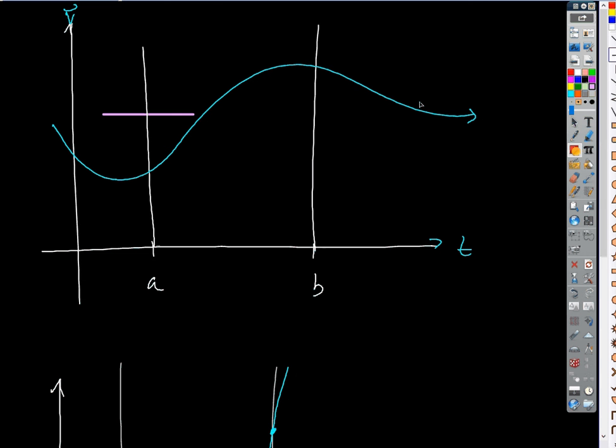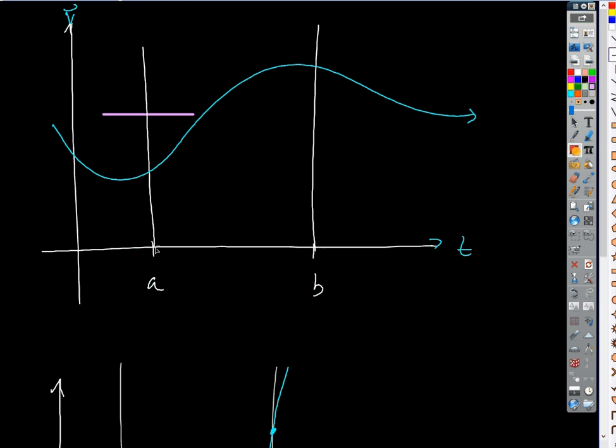Just traveling at constant speed. Yeah, cruise control's on, right? Traveling at a constant speed, and what specific speed could we call that? The average, right? And why is it the average? Because that's the speed we'd have to travel to cover the same amount of distance over this time interval that we did using our accelerated path. Right? Does that make sense?